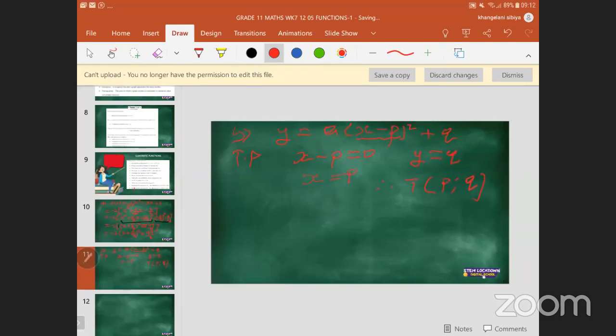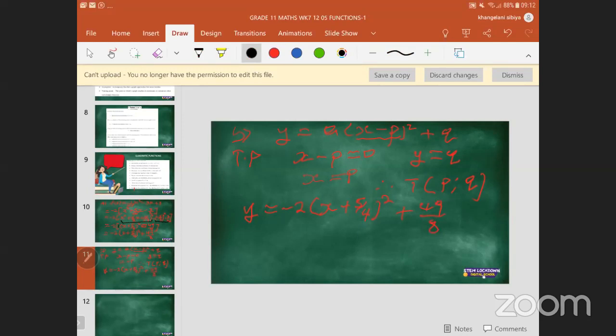Now, let's take our equation here. For A, our equation is given by Y equal to minus 2 into X plus 5/4 all squared plus 49/8.